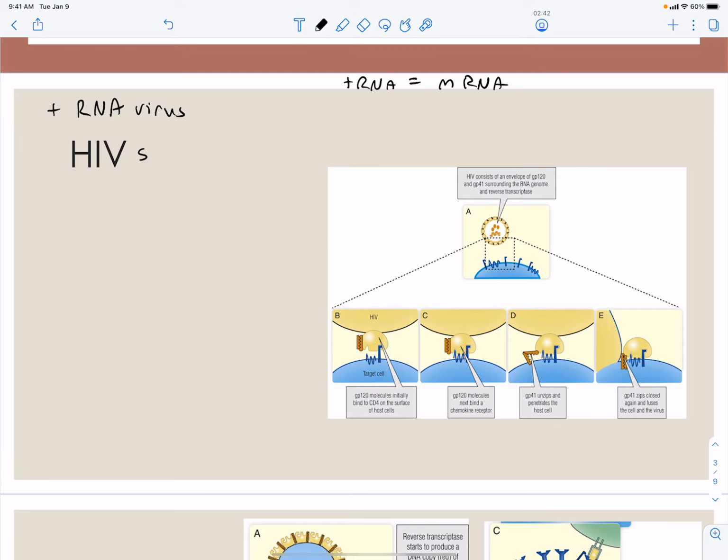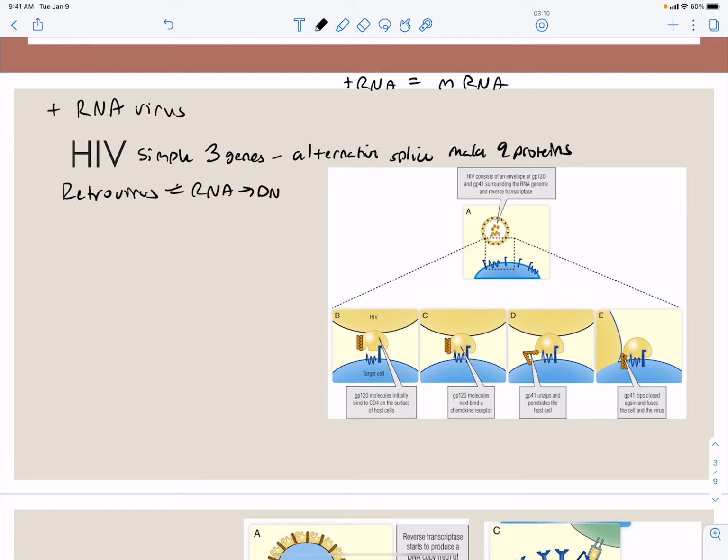It is very simple, it has 3 genes, which through alternative splicing makes 9 proteins. HIV is a retrovirus, and this means it can go RNA to DNA.